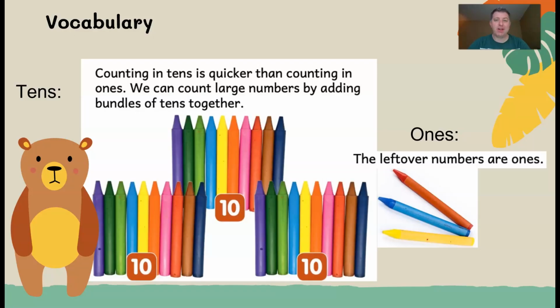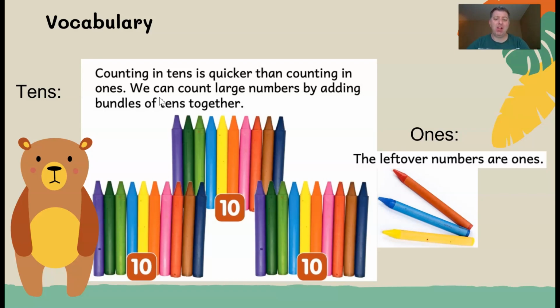Let me read up on how I can best count these straws, okay? Let's check it out. Here's a bit more information about counting large numbers. As you remember from our last lesson, tens are where we group large numbers into sets of 10. So we count out 10 in each set. Counting in tens is quicker than counting in ones.